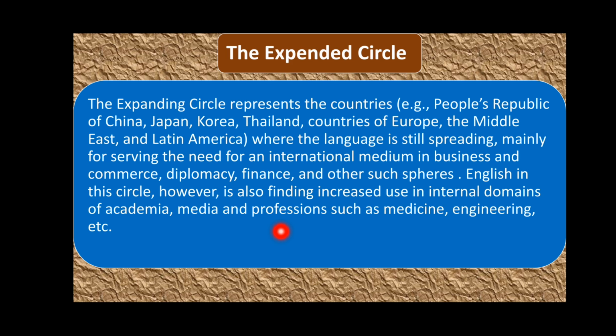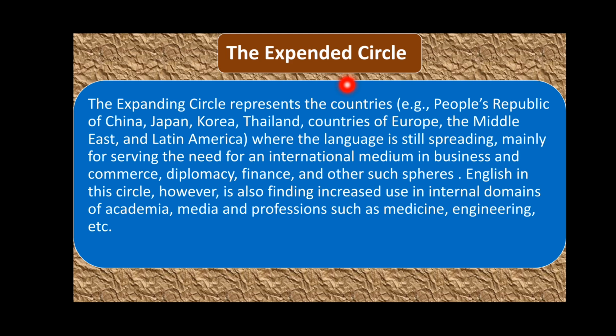Similarly, the British are no less than America, right? So that's why English is used. So all trade, business, affairs, right, and communications, all this diplomacy is done in English. So that's why this is the expanded circle of English. So we can say that the expanded circle happens because of political and economic factors, not because of colonialism.